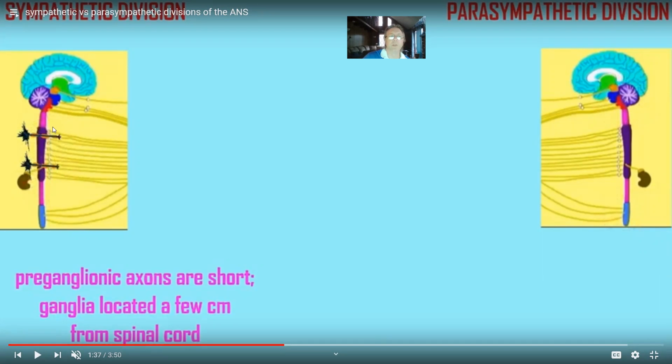All right, so those are sympathetic ganglia because the preganglionic neurons are so short. They then reach these ganglia, which are all alongside the spinal cord. Now, there are a few other ganglia in the sympathetic division which are not alongside the spinal cord like these here.